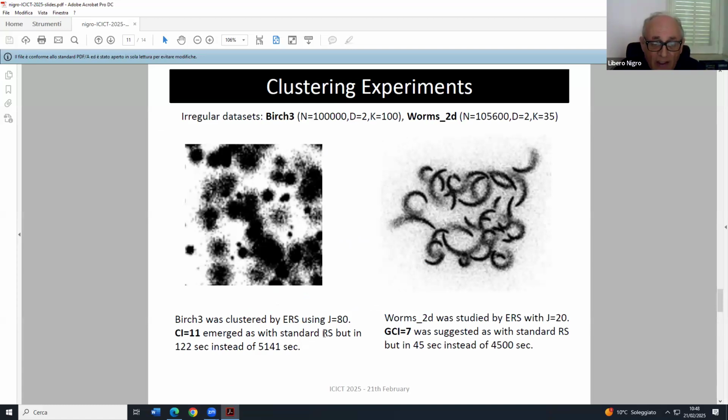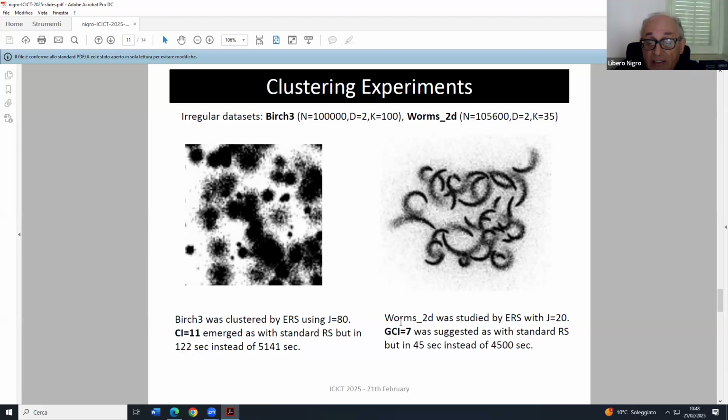And with the standard random swap, for example, when we consider BIRCH, a value of 11 for the centroid index emerged with a time of 5,100 seconds. We achieved the same value, because this is a very difficult, hard dataset, in about 100 seconds.